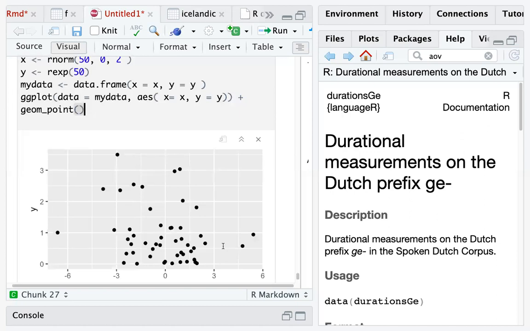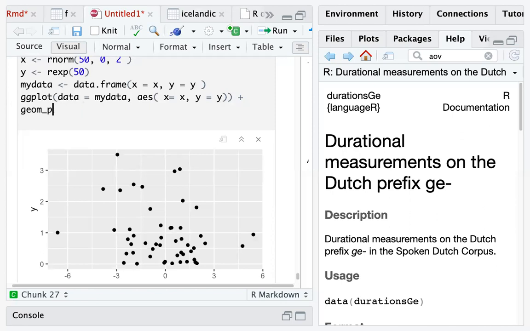If I were to see another point there, the height would be distributed independently of x. So the heights of these points do not depend on where x is.